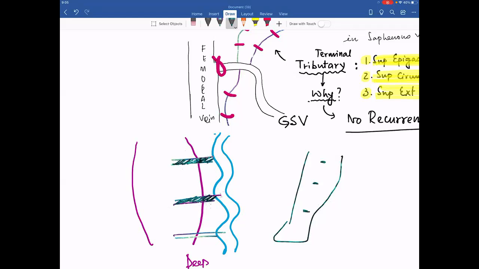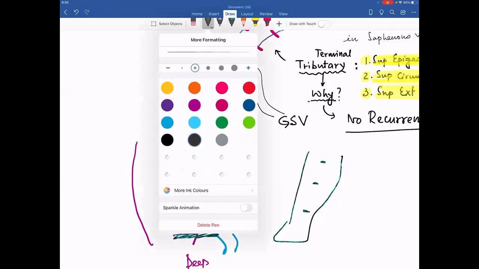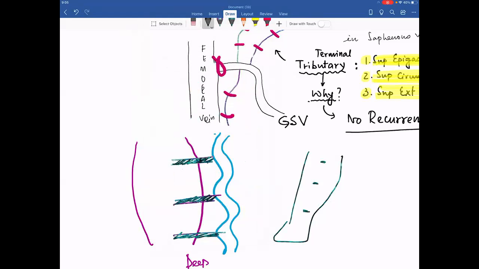Then we take a Wickel suture and put a suture at this point. Bus. This is called subfascial ligation of perforator.